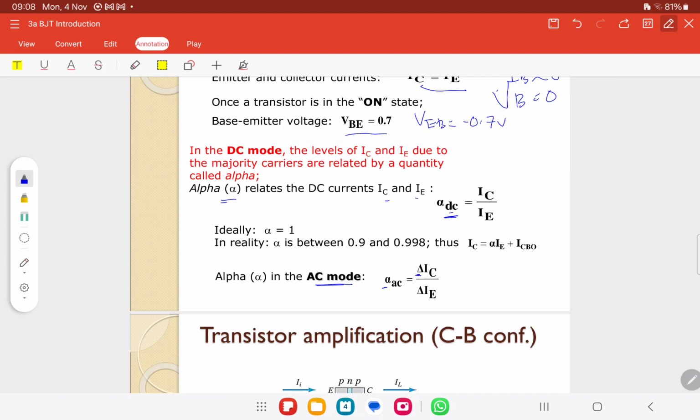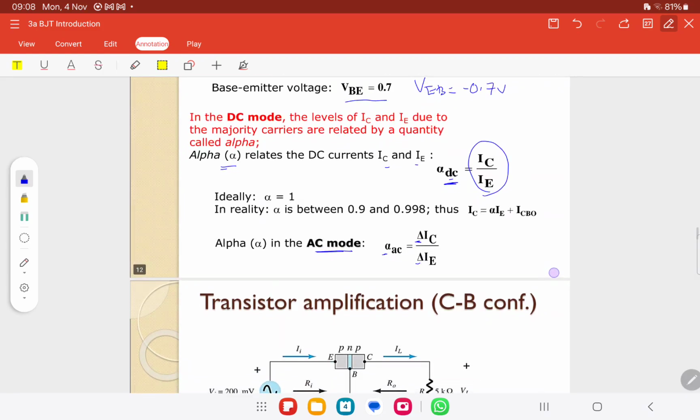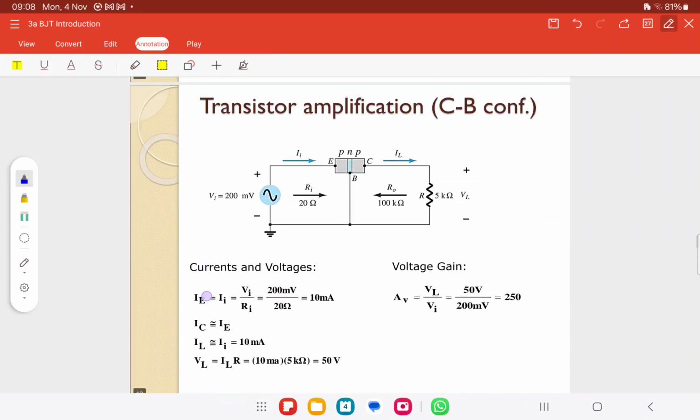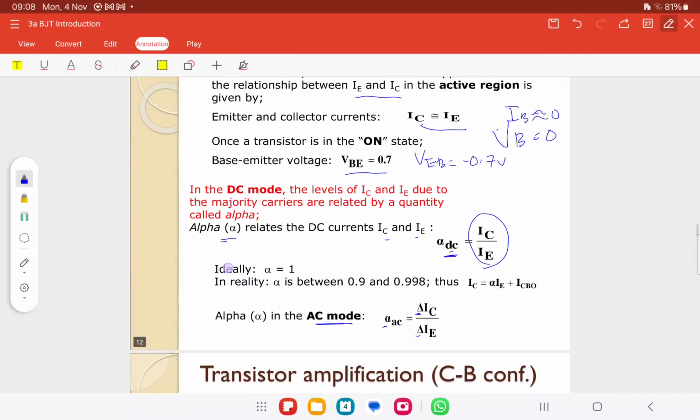This is the changes in the IC and IE. Perbezaan dia. This is straightaway on the value itself. Okay, by default, the value for alpha is approximate to 1. That is why we have the IC equals alpha IE plus ICBO, the majority carrier.